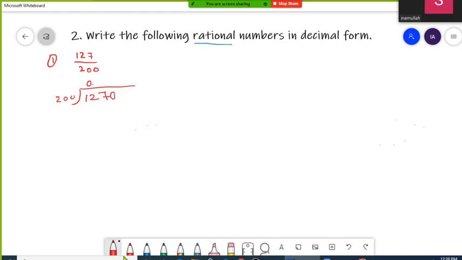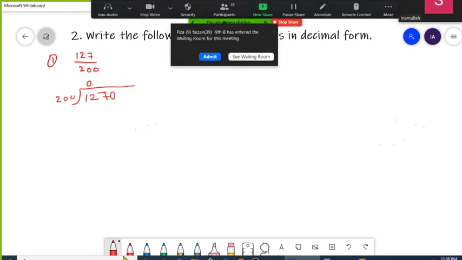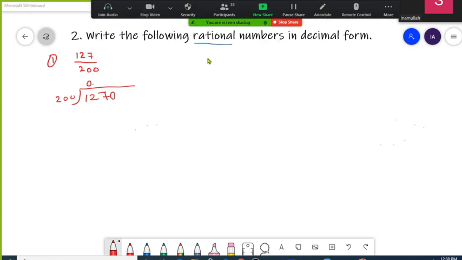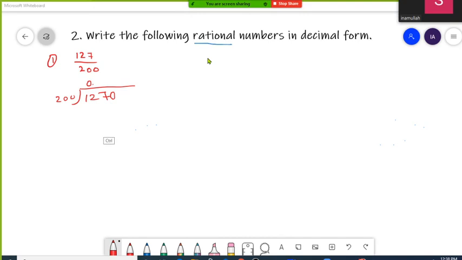So this will become 1270, and now we can divide it. Or you can do one thing.